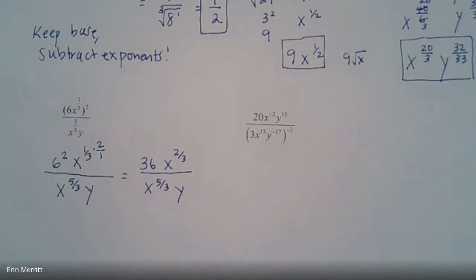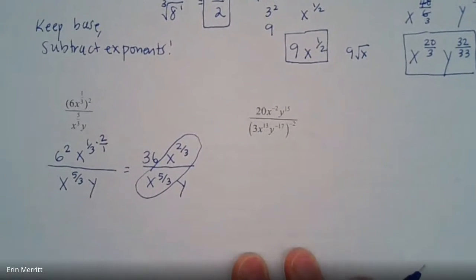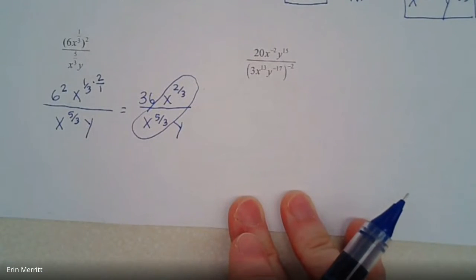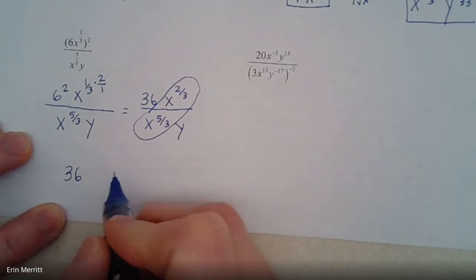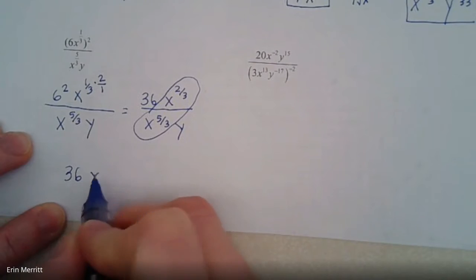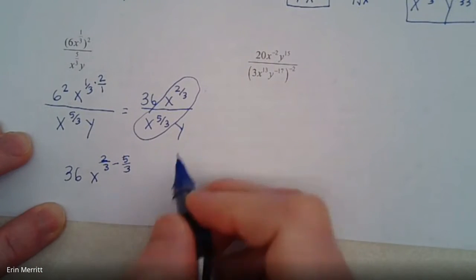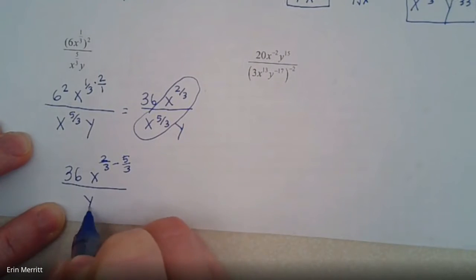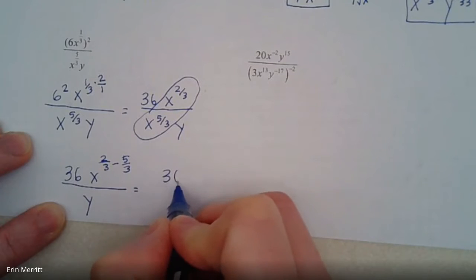Right? The only stuff we can do is we can combine those x's. So since we're dividing, you're going to subtract your exponents here. So when we subtract the exponents, we would get 36, and then x to the 2/3 minus 5/3, still all over y. I probably could have shown some of this work off to the side.